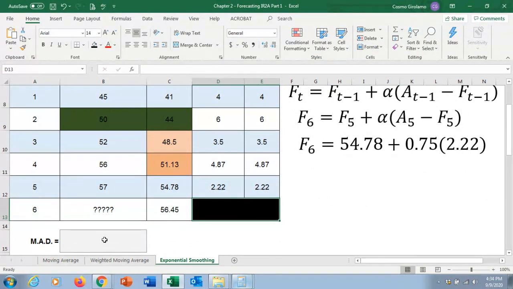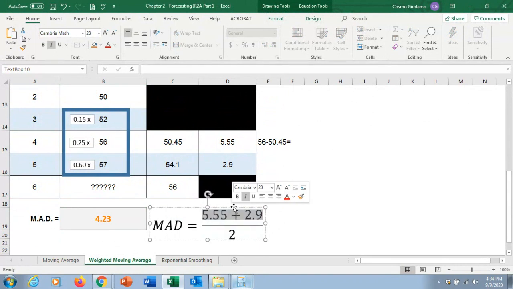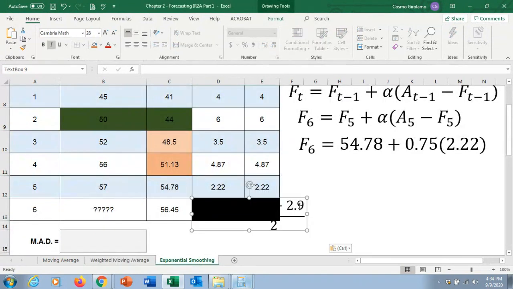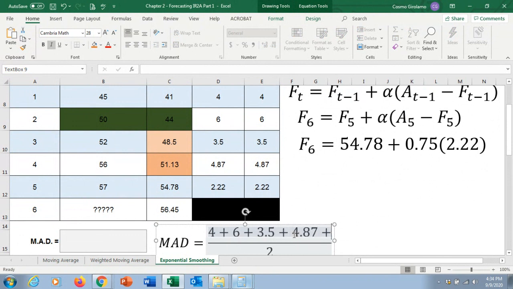Now, what's our MAD? Our MAD is the same thing as before. We're going to take all our absolute deviations, in our case 4 plus 6 plus 3.5 plus 4.87 plus 2.22, and divide that by the number of terms we have.